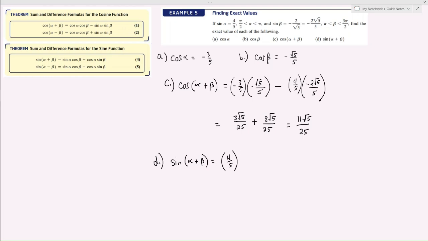The cosine of beta we calculated for part B. It's negative square root of 5 over 5. And then we add, this time, cosine of alpha, and that's going to be negative 3/5 times the sine of beta, and the sine of beta again is negative 2 square root of 5 over 5.